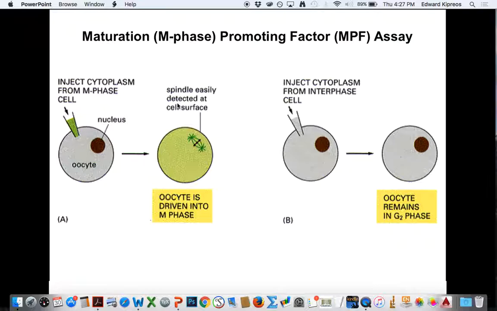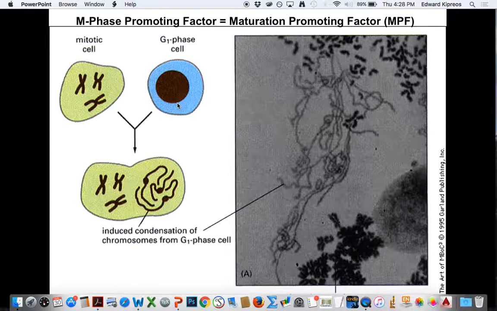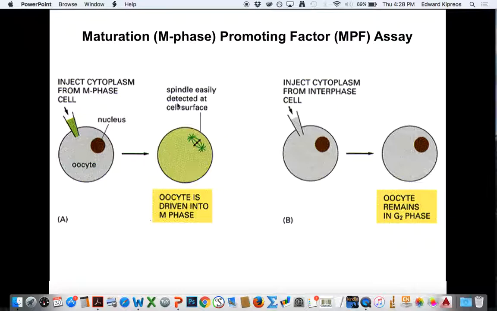And because we're talking about going into a mitosis-like state, it's basically a G2 to M transition, but it's in meiosis. But it turns out that it's not just meiosis. You can also take extract from a mitotic cell, not meiosis, mitosis, and it'll also cause it to mature, okay?